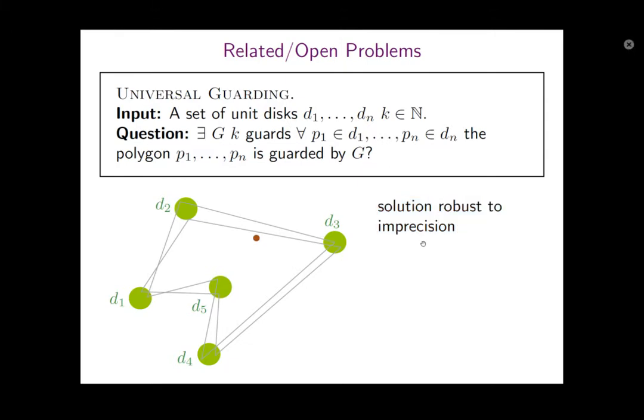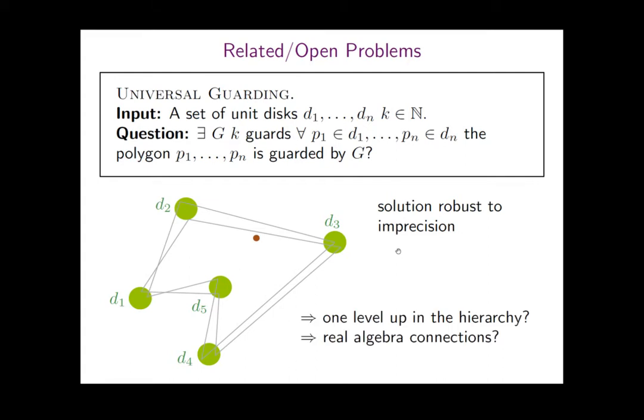So now for our guards, maybe we need more guards for the stronger condition, but if we made some measurement errors in how the polygon actually looks, then our guarding is robust to this. This is why this concept might be preferable to the normal guarding.